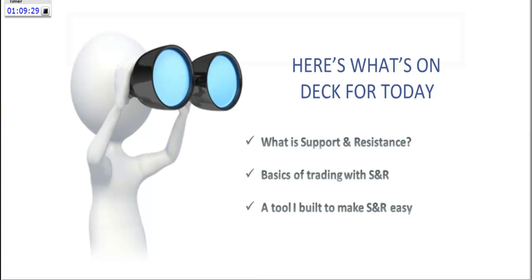And I'm also going to show you a tool that I had a hand in developing, which is useful in trading to identify potential support and resistance areas as they develop. Now, I know I've got about an hour's time slot, but you're going to see this is actually a very simple procedure to trading support and resistance. So I do welcome your questions, and we'll deal with a Q&A maybe toward the end of the presentation.